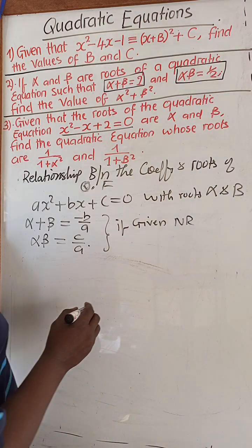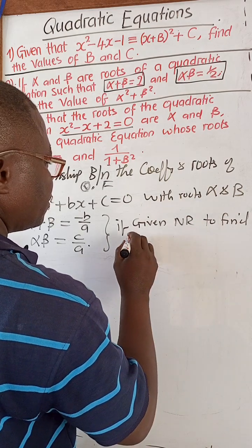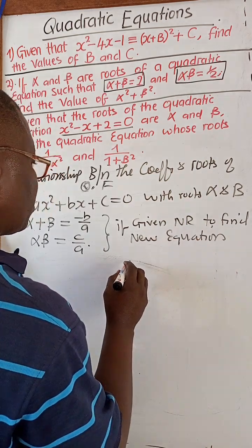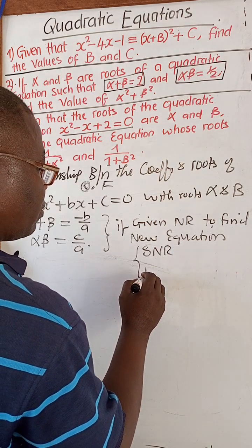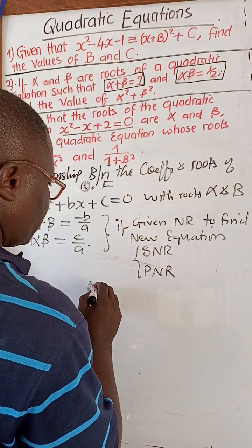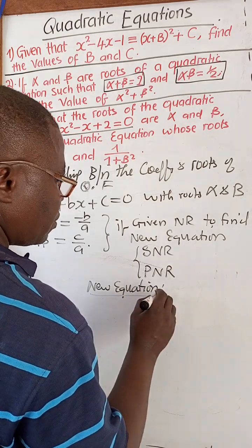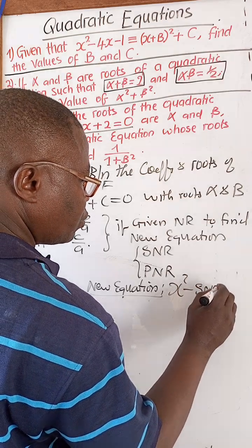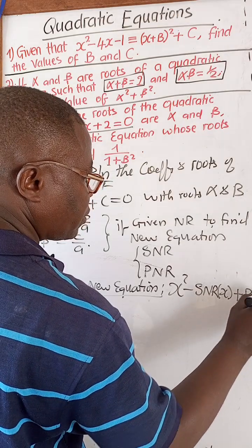Okay, now if given new roots, to find the new equation, what we have to do is get the sum of the new roots, and then also find the product of the new roots, so that the new equation has the nature x squared minus sum of new roots multiplied to x plus product of new roots equals 0.